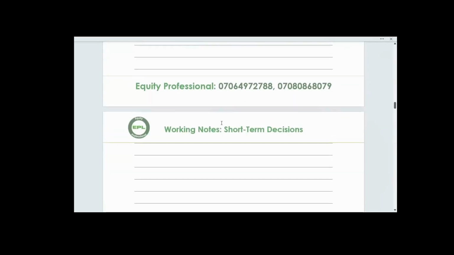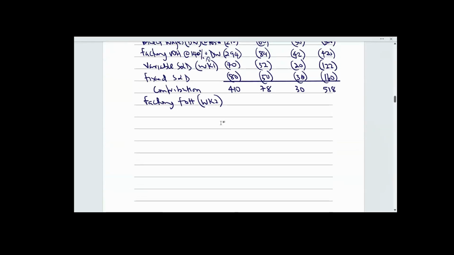The essence of considering the fixed overhead is to determine your profits. Fixed overhead is not a relevant cost, but for us to be able to determine profits, that's why we are deducting fixed overhead. So here is 280,000, 80,000, and 40,000, so total is 400,000.